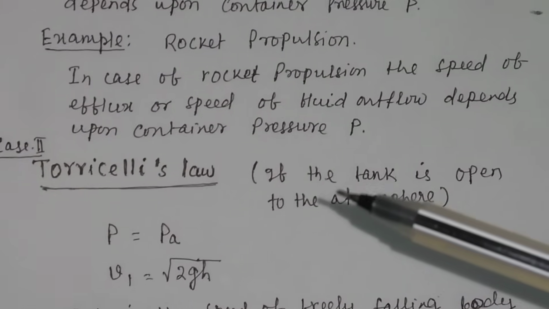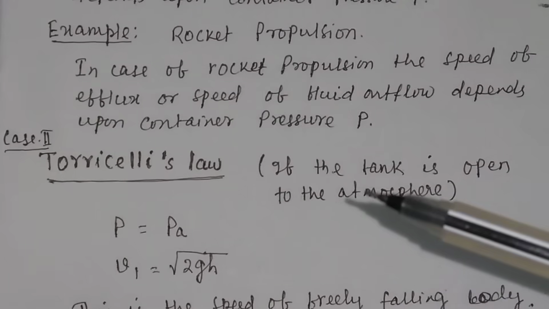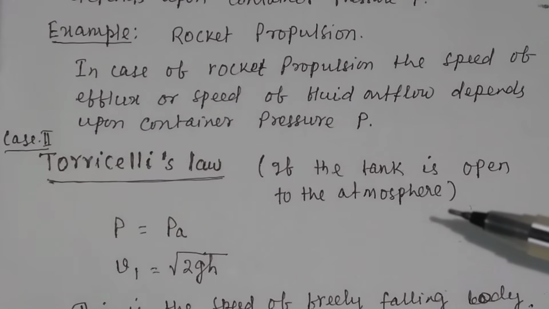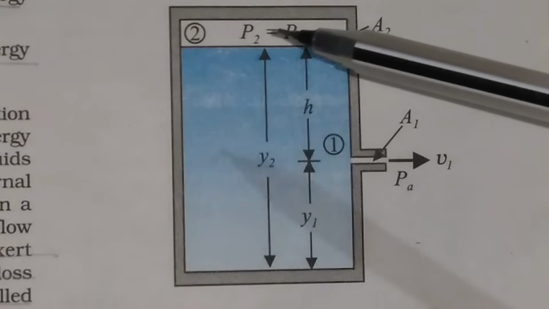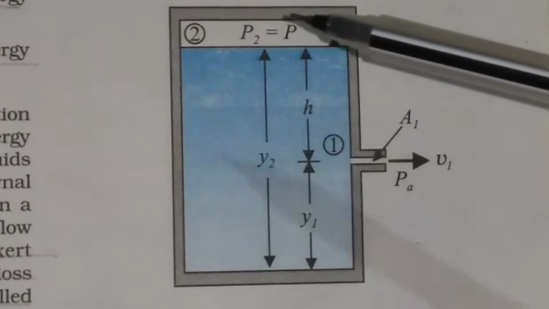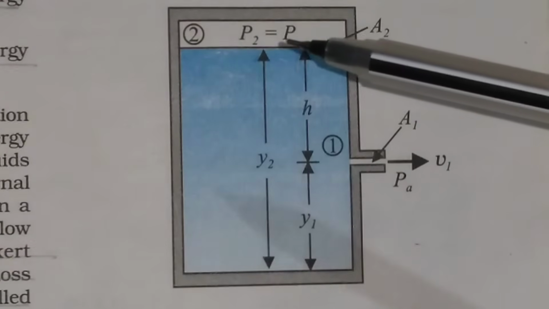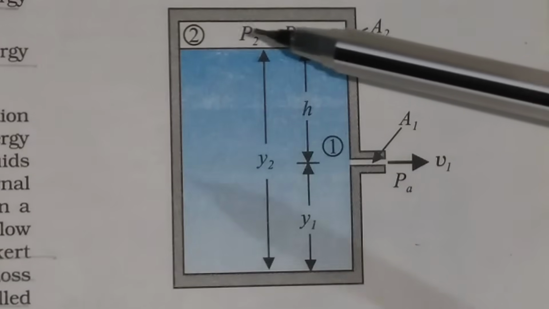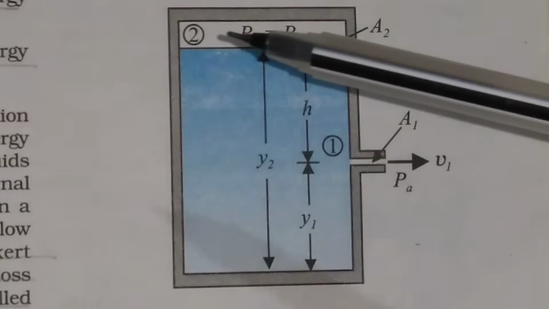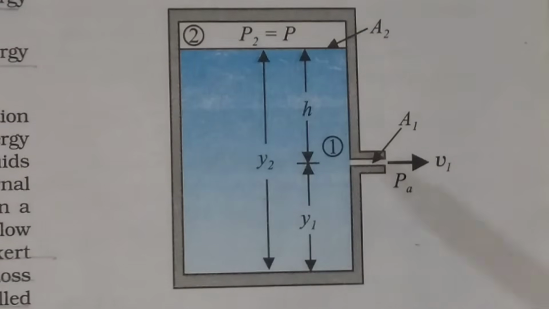Next we will discuss case 2, that is Torricelli's law, that is if the tank is open to the atmosphere. So if this tank is open to the atmosphere, that means this top is open, then P, which is the pressure at the top, will be your atmospheric pressure PA.